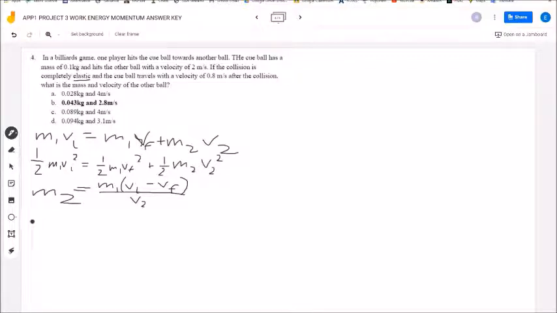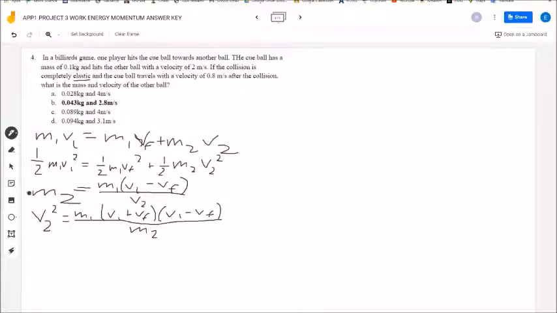Now, in order to isolate v2 squared, to avoid all the busy work, I'll just skip straight to it. So v2 squared equals m1 times vi plus vf times vi minus vf, all over m2.